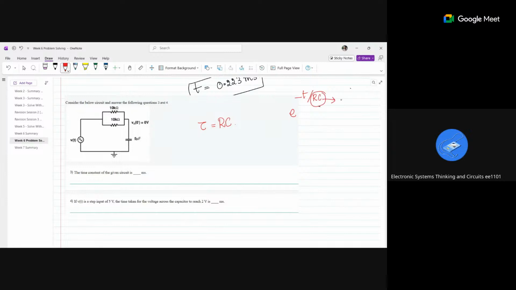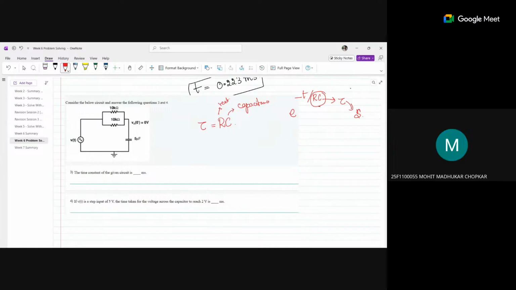What is the unit of this RC? It's actually the time constant. The unit is seconds. Ma'am, R will be the resistance and C is the constant which we will calculate. No, C is the capacitance. Oh, here it is capacitance. Okay, and resistance.